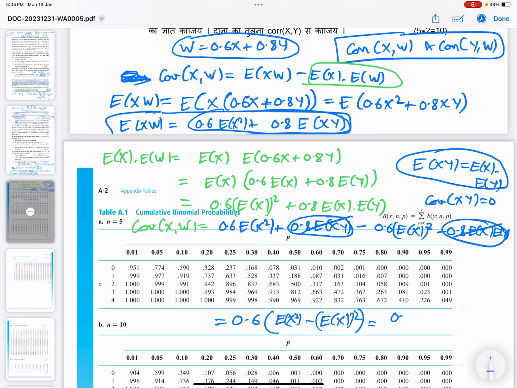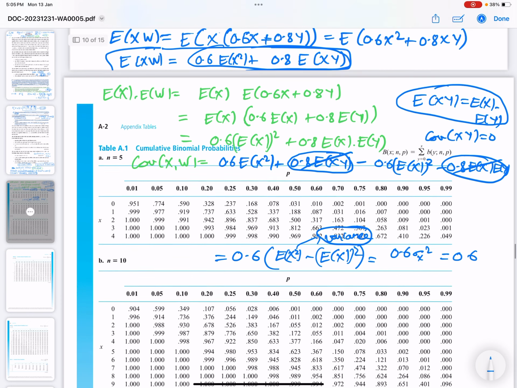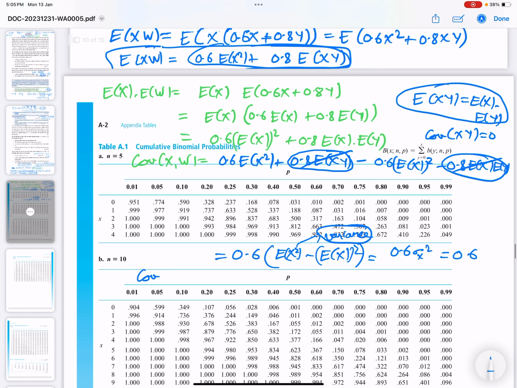So this would be 0.6 into sigma x square, which is the variance of X only. If you remember, this is the formula of variance X. So we are left with 0.6. So we have found covariance XW equals 0.6.